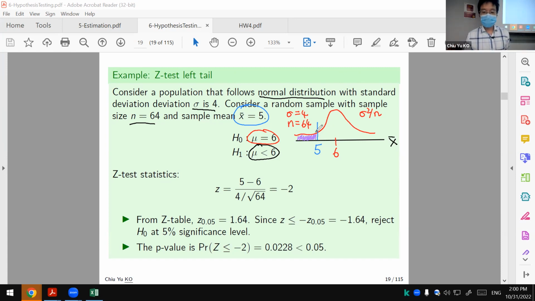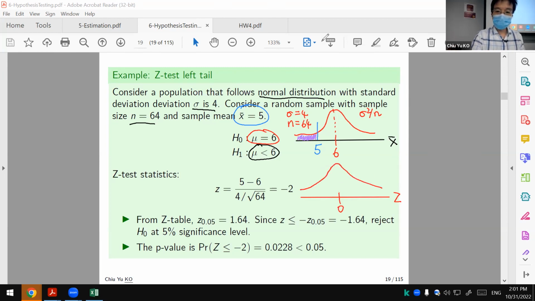So we will have the procedure. Instead of looking at this directly, we transform this to the Z environment. Z is here, we go down, this is 0.